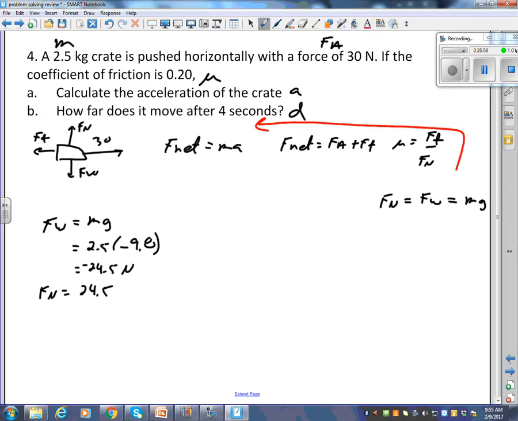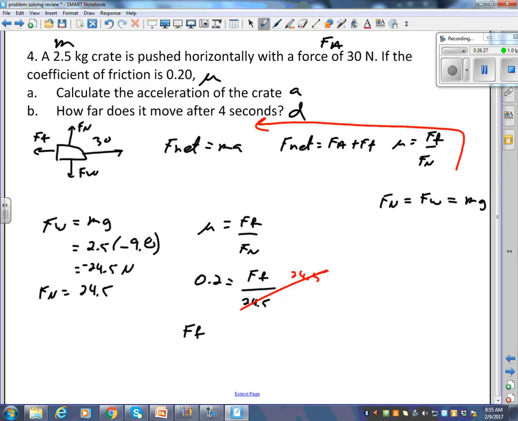And now follow the roadmap, mu equals Ff over Fn. 0.2. Friction force is what we're solving for. Normal force is our 24.5. Multiply both sides by 24.5, right?